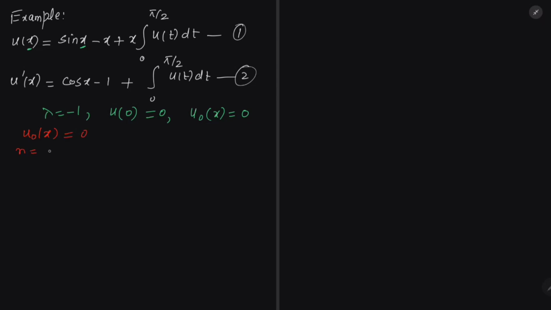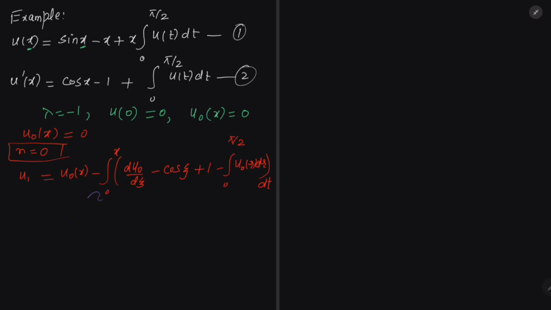Then for n equal to 0, we get u1, which is u0(x) minus the integral from 0 to x of [u0'(xi) minus cos xi plus 1 minus the integral from 0 to pi by 2 of u0(r) dr] d xi.